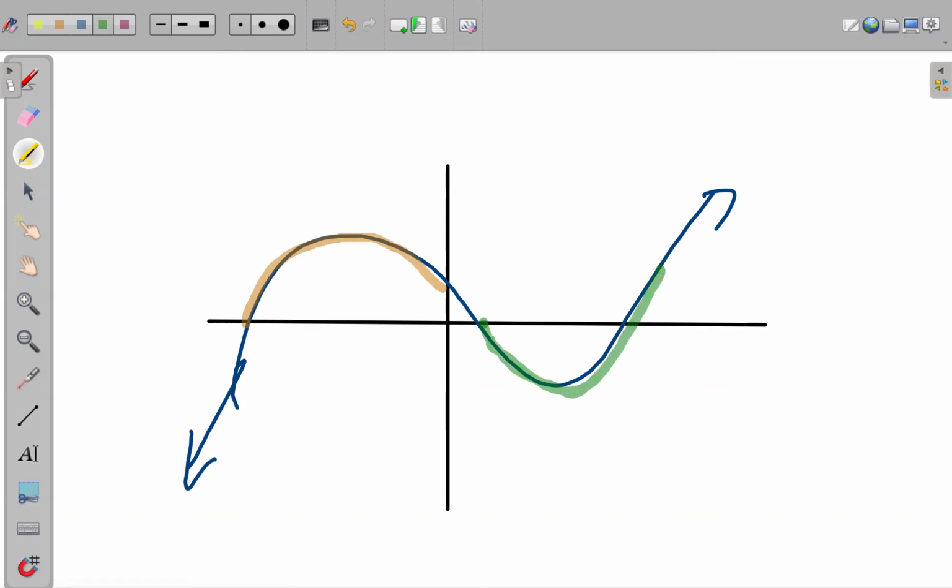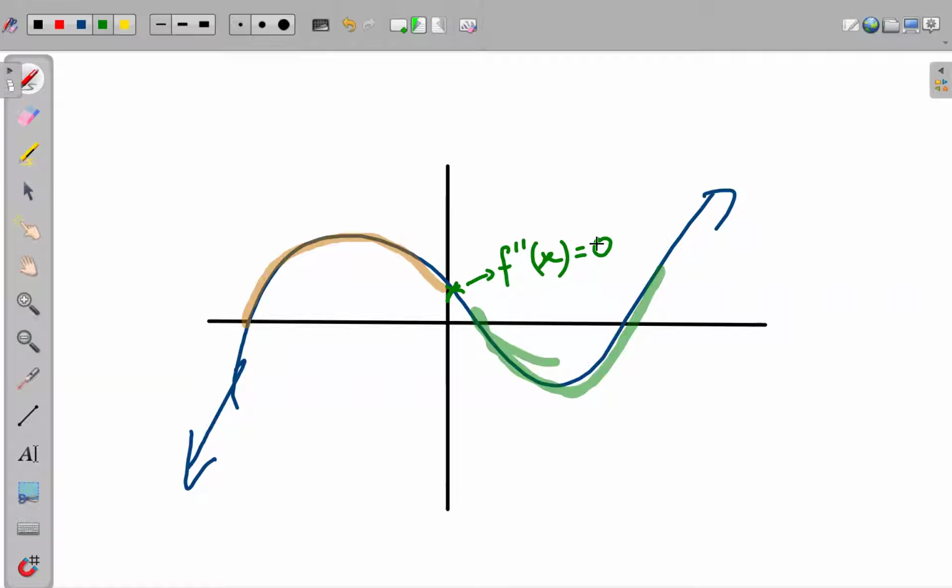So the green is obviously concave up, the orange is concave down, and right here, somewhere there, is an interesting point called the point of inflection, where concavity changes from being concave down to being concave up. To find that point of inflection, we determine the second derivative, which is basically linear, or a straight line, and we set it equal to 0 to solve for x.